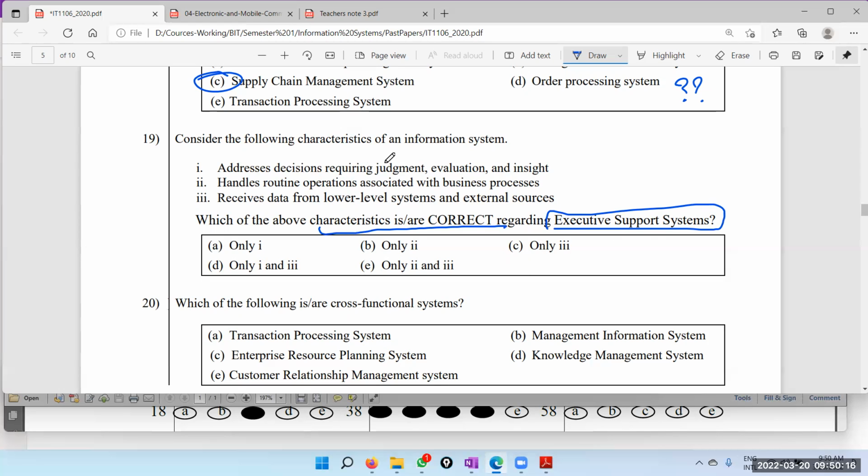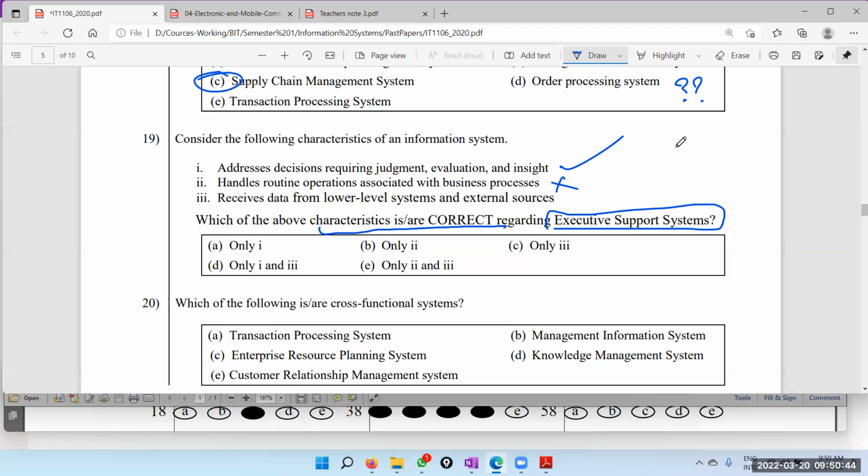Address decision requiring judgment, evaluation, and insight. Yes, insight means you have to think about the future. That is what the top managers do. Judgments, right? So some serious decision making. Yes. Handle routine operations associated with the business process. Now, that is where the TPS. Receives data from lower level systems and external sources.